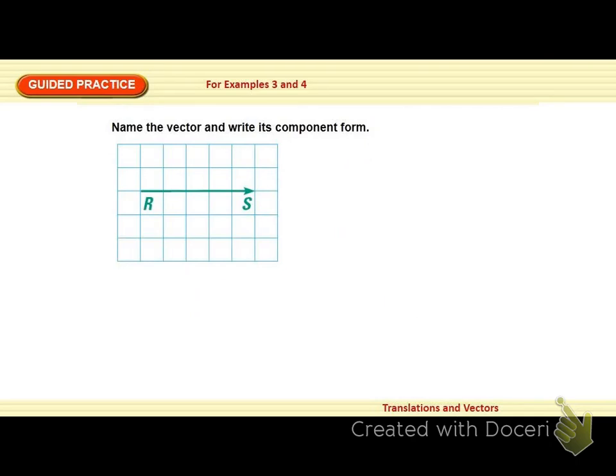Okay? So you try. Name the vector and write its component form here. I'll give you a second. You can stop the video. Okay? So what did you come up with? Vector RS with component form 1, 2, 3, 4, 5. So 5, 0, right?